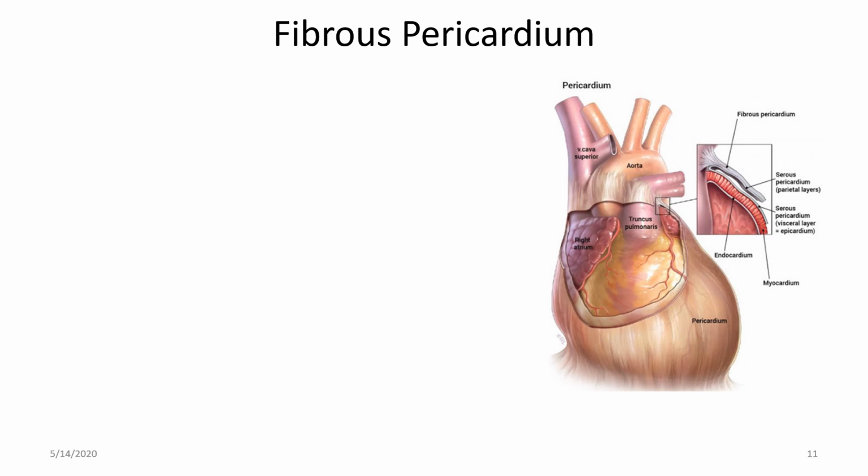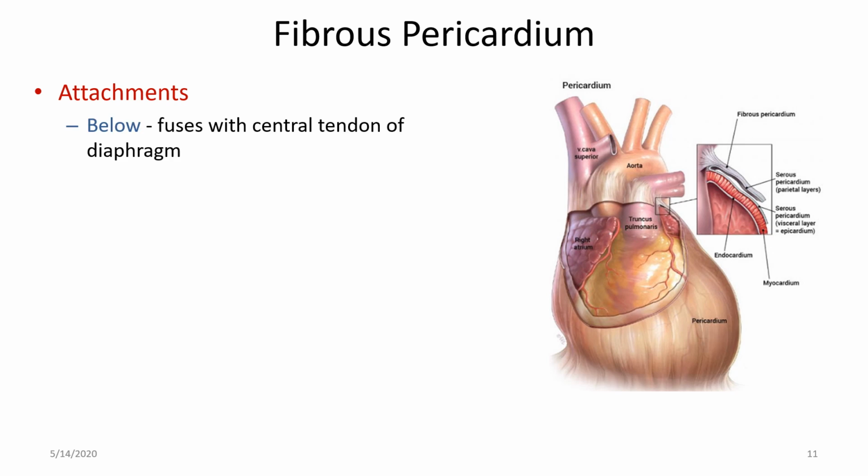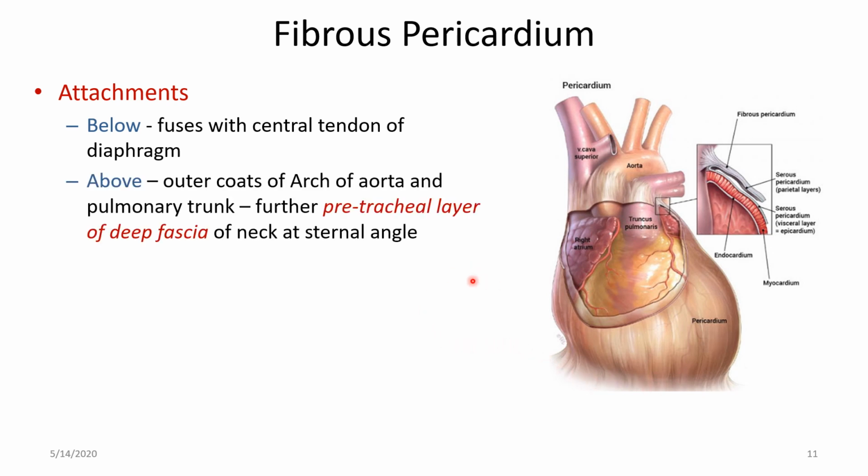Then let us see the fibrous pericardium attachments. So it is attached below to the diaphragm, and it fuses with the central tendon of diaphragm, and above it is continuous with the outer coats of the arch of aorta and pulmonary trunk.